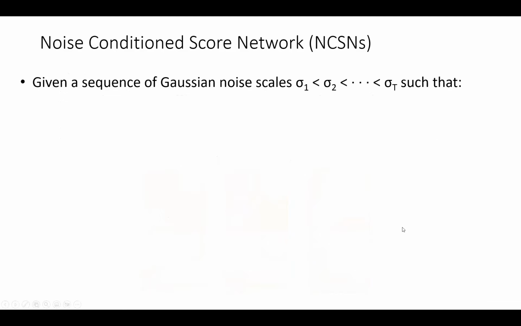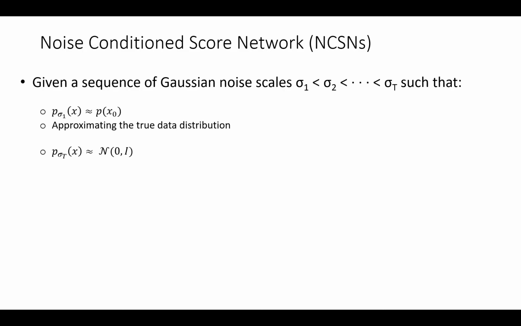Now, given a sequence of Gaussian noise scales, sigma 1, sigma 2, to sigma T, we will sample from the original distribution, which is our training data, with noise at each scale, and at the end we end up with a normal distribution with mean 0 and identity as the covariance matrix.